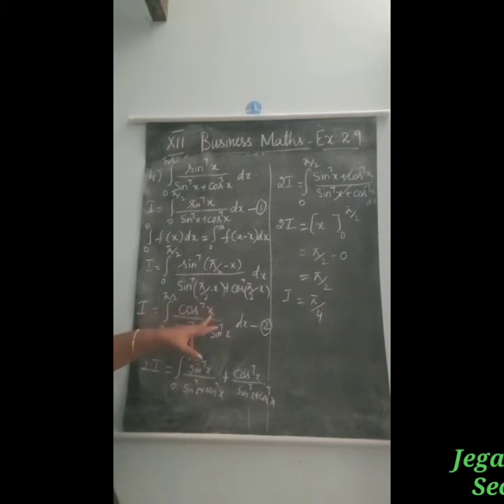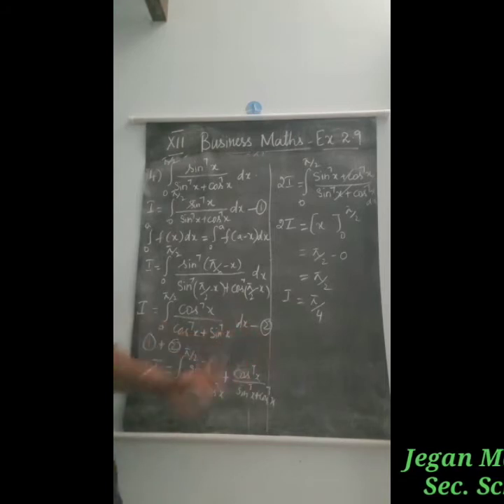So cos power 7x divided by cos power 7x plus sin power 7x dx.